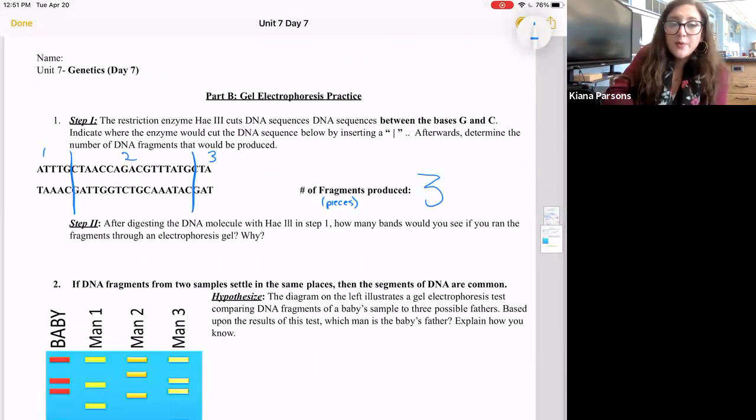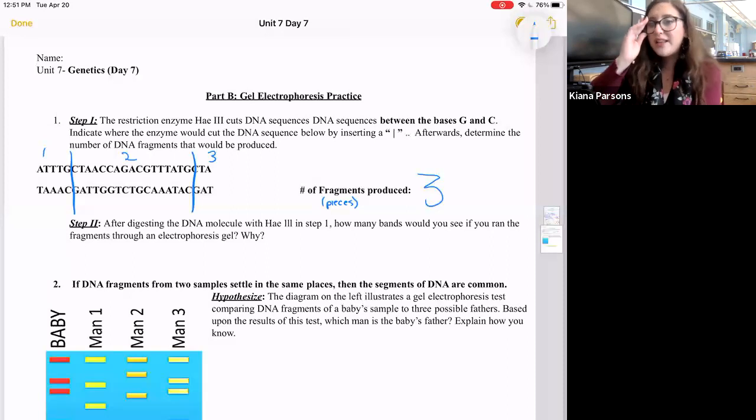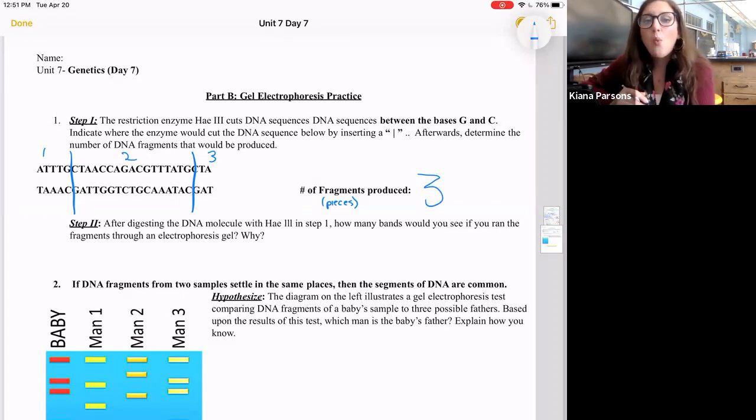So step 2, after digesting the DNA molecule with HAE3 in step 1, how many bands would you see if you ran the fragments through an electrophoresis gel? Why?